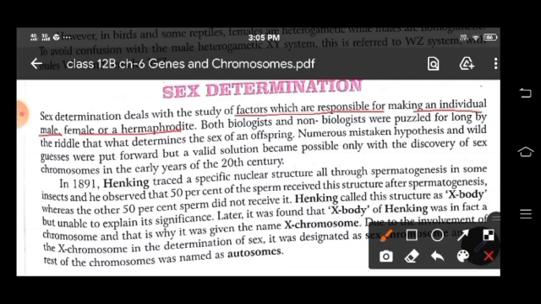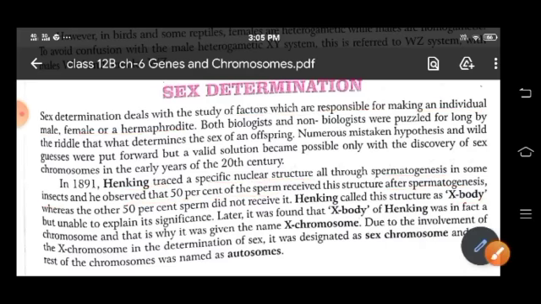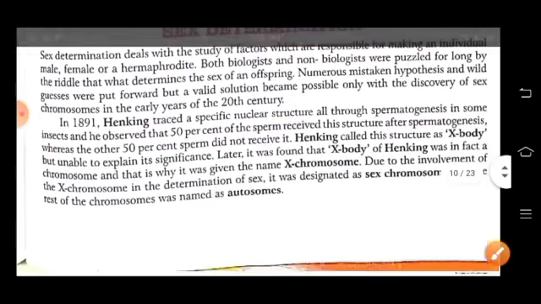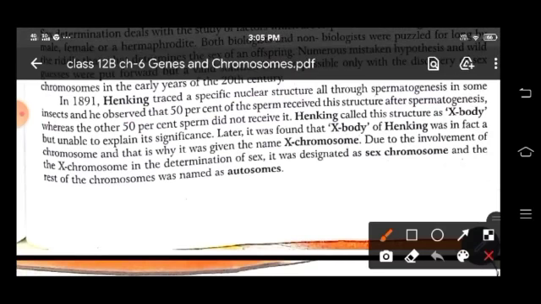In 1891, Henking traced a specific nuclear structure through spermatogenesis in some insects, and he observed that 50% of the sperm received this structure after spermatogenesis. Henking called this structure the X-body, but he was unable to explain its significance.